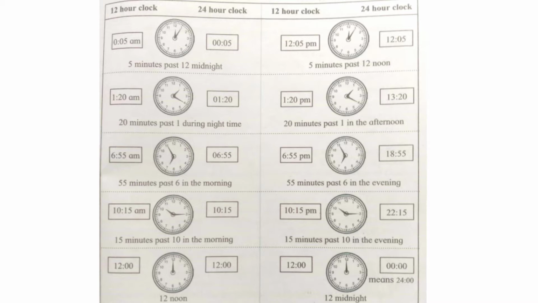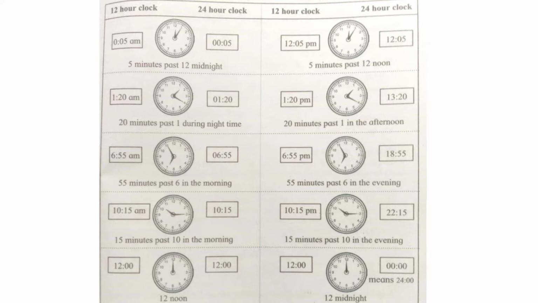Means 1:20 am as per the 12-hour clock. Now as per the 24-hour clock, the timing will also be 1:20. Means 20 minutes past 1 during night time.